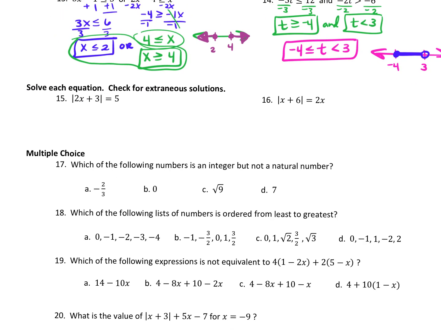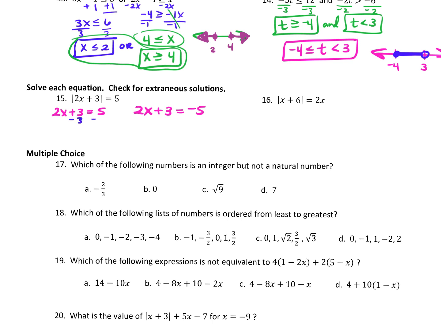All right. 15 here says solve and then check for extraneous. When you have absolute value involved, there will be 2 equations. What you need to do is set the equation how you see it, just without the bars, but then also set it so that that could equal the opposite of that value, so -5, and then solve them both.